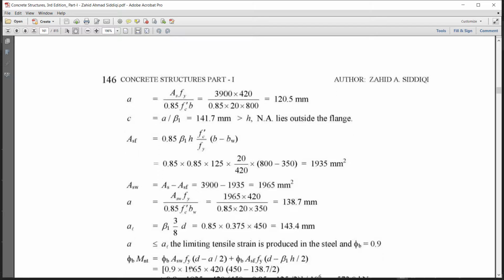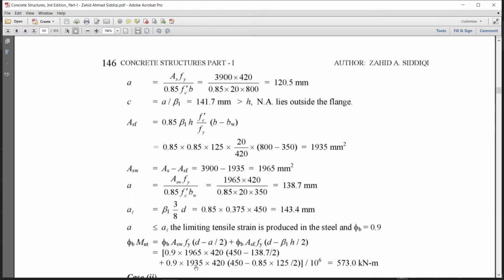So 0.9 times 1965 times grade of steel 420 times d, 450 minus 138.7 divided by 2, plus 0.9 times 1935 Asf times Fy 420 times d minus 0.85 multiply 125 divided by 2, and the whole formula is divided by 10 power 6 to convert into kilonewton meter. So we got the moment capacity 573 kilonewton meter.